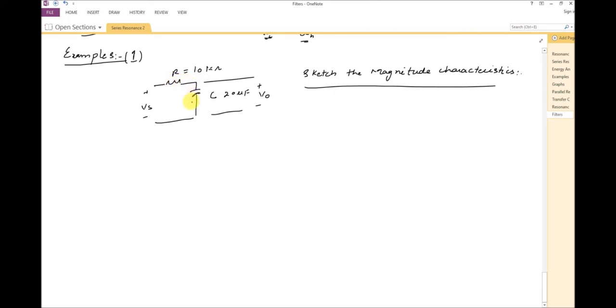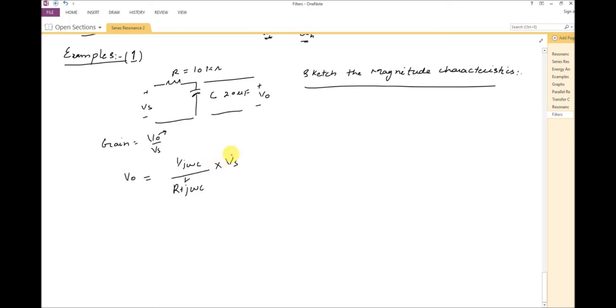So now if I have to sketch the magnitude characteristic, first I have to calculate the transfer function for the gain, and gain is actually equal to V0 over Vs. So first I have to find the output voltage, and if I have to calculate the output voltage across the capacitor, I have to apply the voltage division, and V0 will be (1 over j omega C) over (R plus 1 over j omega C) into Vs, right?